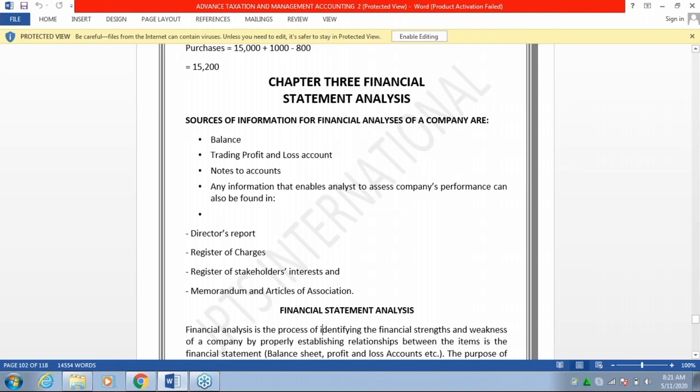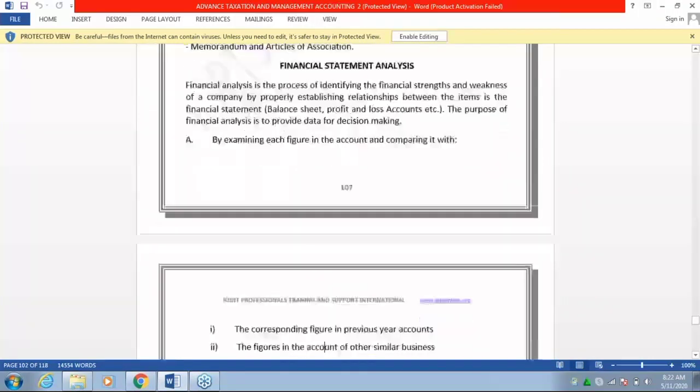Then we look at the trading profit and loss account of the company. Then the notes to the balance sheets and the trading profit and loss account. At the same time, any information that enables analysts to assess the company's performance can also be found in the director's report, the register of charges, the register of stakeholders' interest, and the memorandum and articles of association.